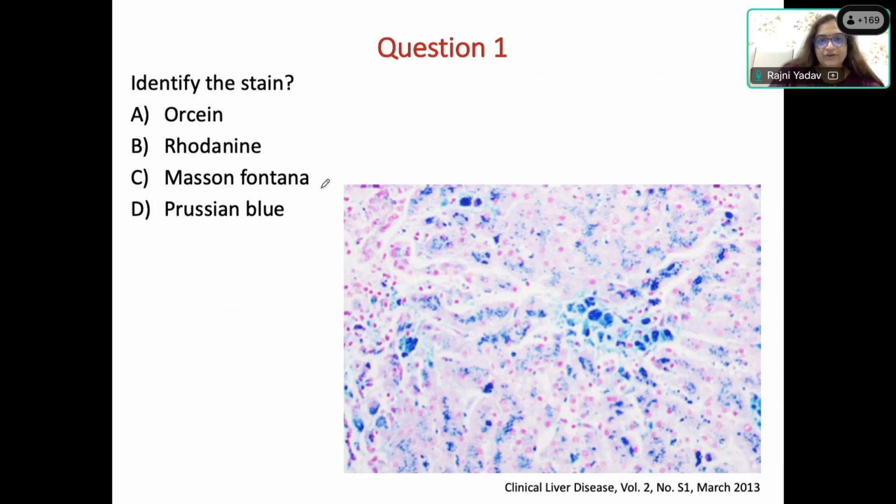So let's have a question. Can you identify this stain? This is an image from a liver biopsy, and this is a stain.